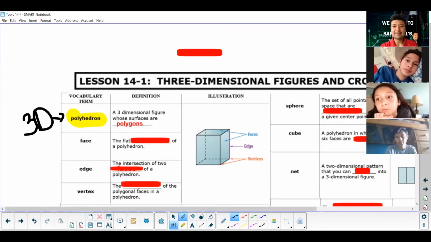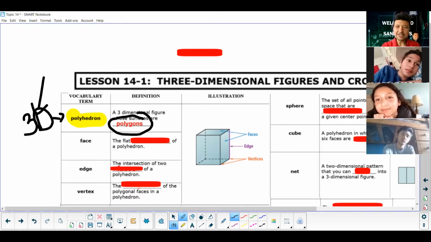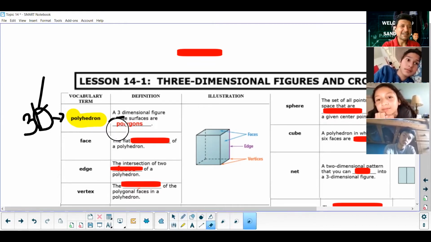Well, what about a sphere? A sphere, a polyhedron? No, it's not a polyhedron. So you're right. Certain ones are not. They have to make polygons. That's a good question. I like that you brought that up. All right, excellent. Okay, so now let me erase this.